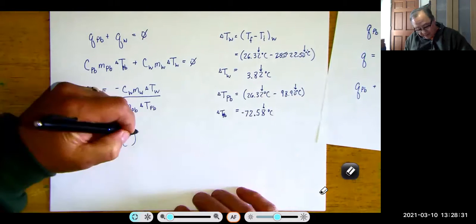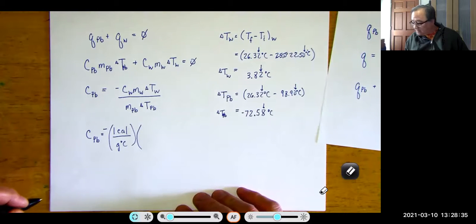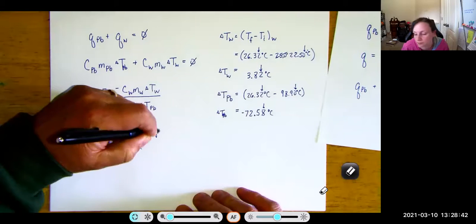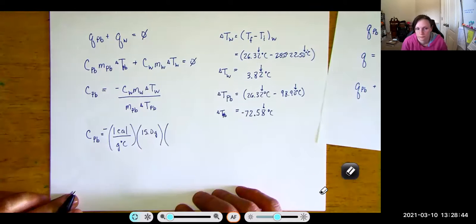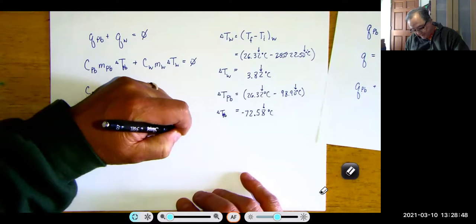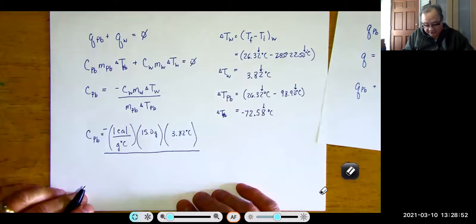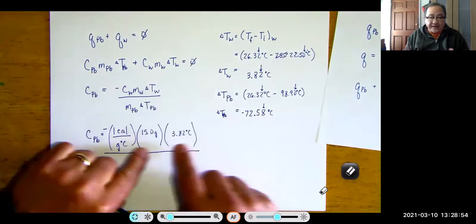Now, what is the mass of the water? Maybe 15 grams, right? Mhm. And then what is the change in temp of the water? 3.82 degrees Celsius. And I like to put parentheses around each one of these just to kind of separate them.